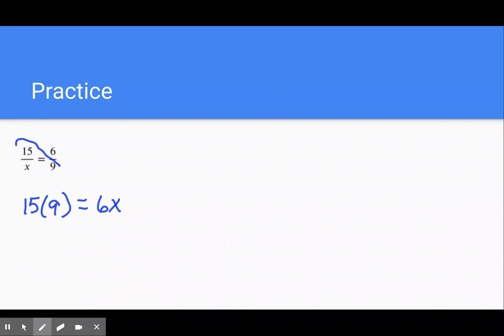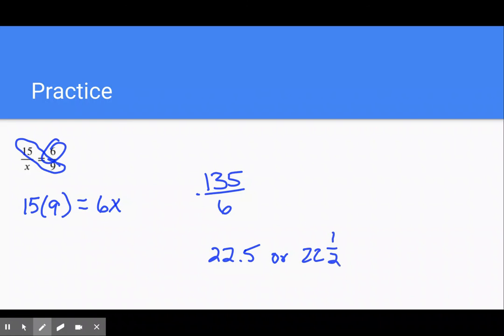Or you could just do 9 times 15, and that's going to give you 135. Divide that by 6. And that's going to give you 22.5, or 22 1/2. Sometimes they'll ask you for a fraction.